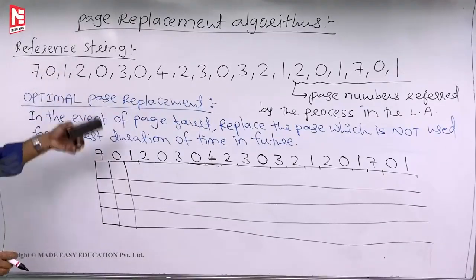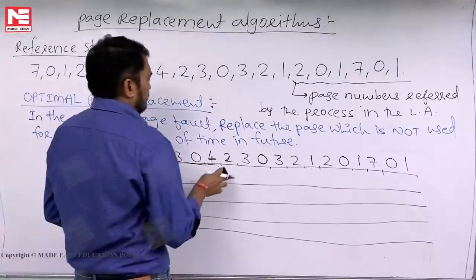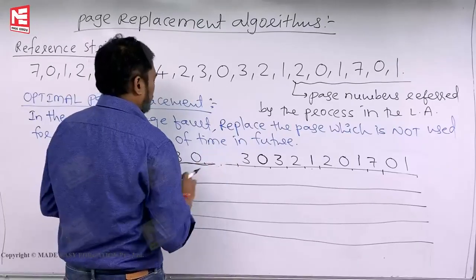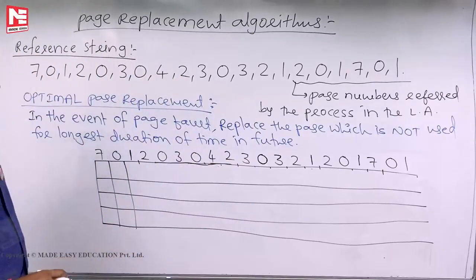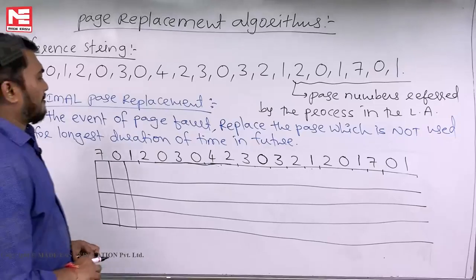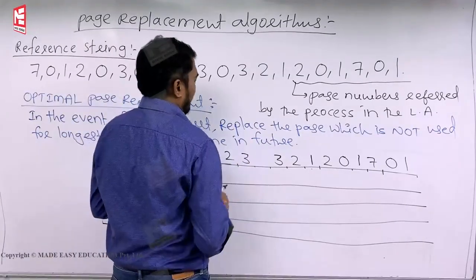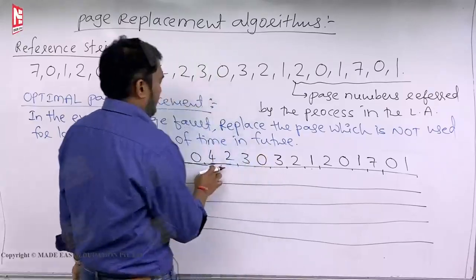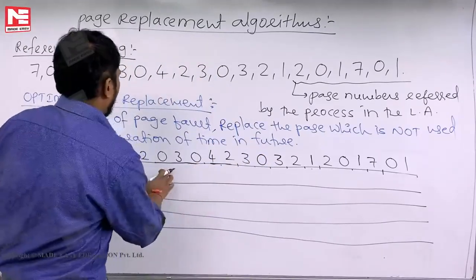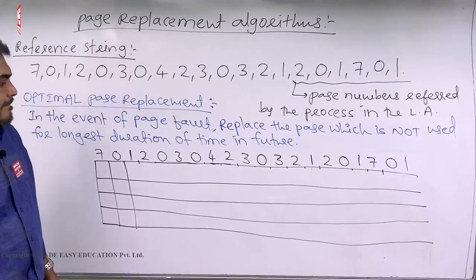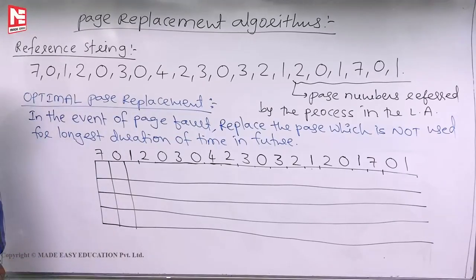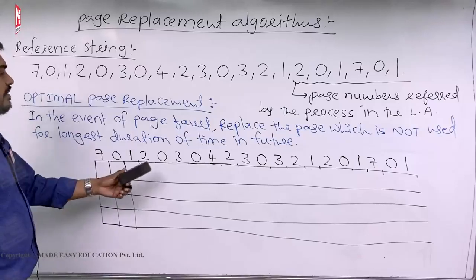Copy karo. Fast. Okay. So same referencing with the 4 frames.